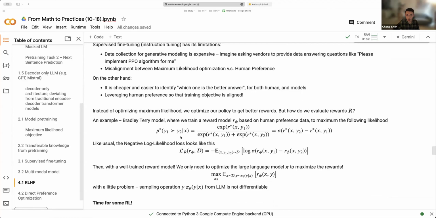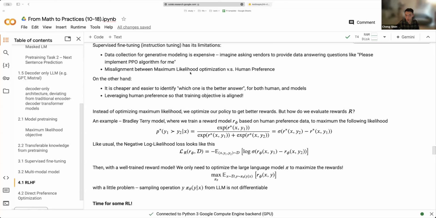So the likelihood we are going to optimize here, instead of the maximum likelihood optimization, is the likelihood given an input X. This X might be the prompt. If we know that, for example, the answer Y1 is better than the answer Y2, we want our model to give the answer Y1 a higher likelihood during generation.